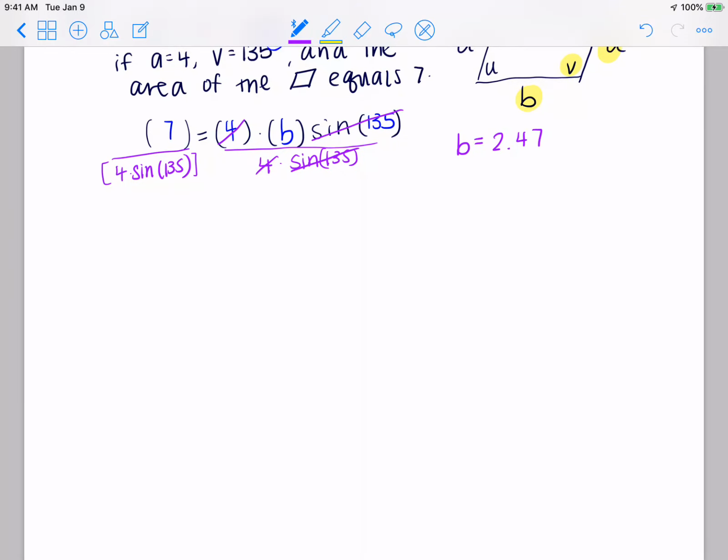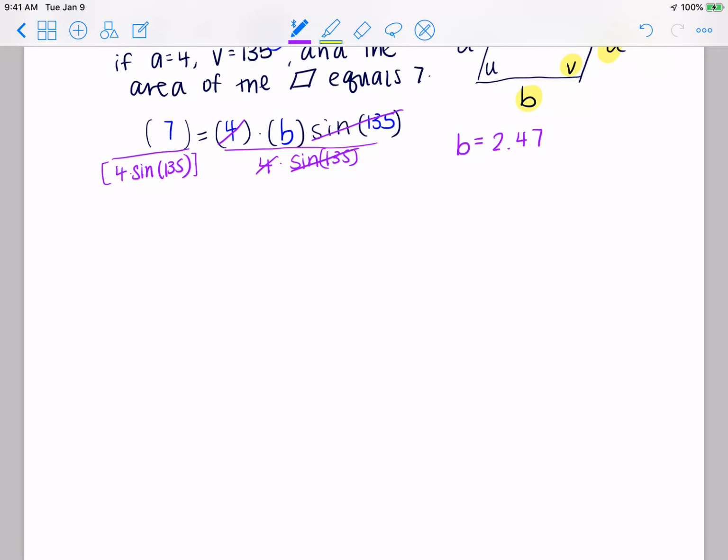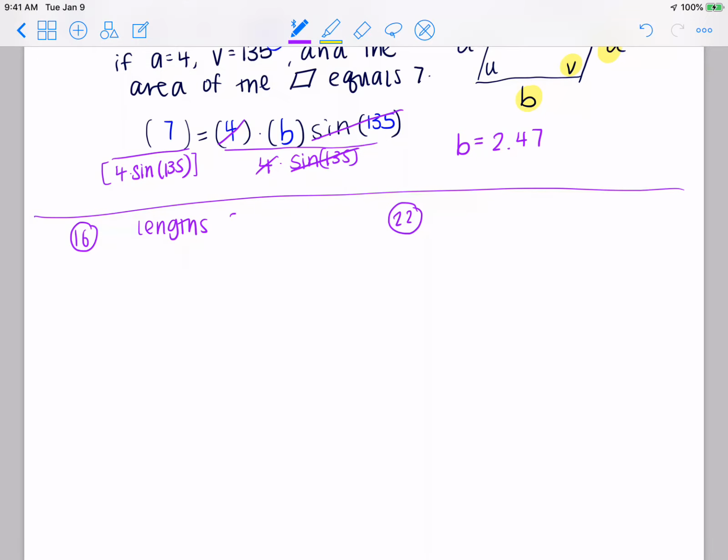Next I'm going to do two of your homework questions. I'm going to do number 16 and 22. Number 16, you are given lengths 3 and 12, and you're given an angle of pi over 3 radians.